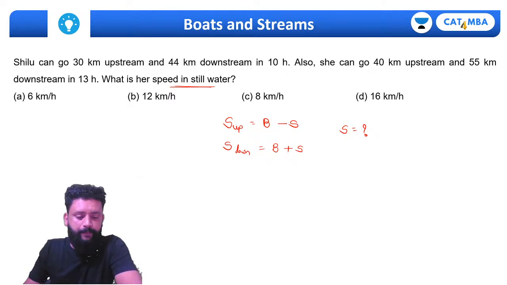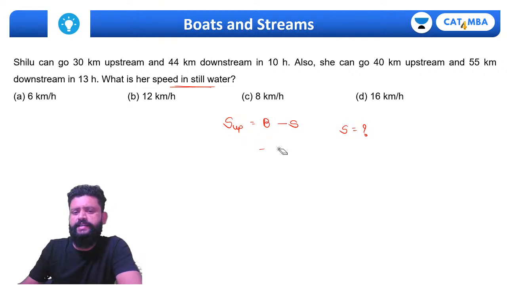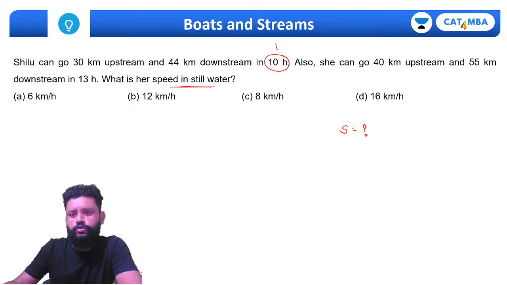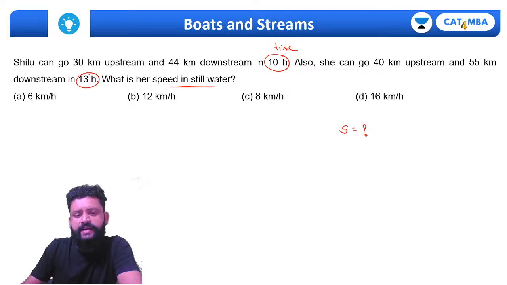The other things completely remain the same, guys. You have to use the same thing. Time is equal to distance upon speed. That's the formula, because the clues are related to time, right? 10 hours, then 13 hours. So we use the simple formula, time is equal to distance upon speed.